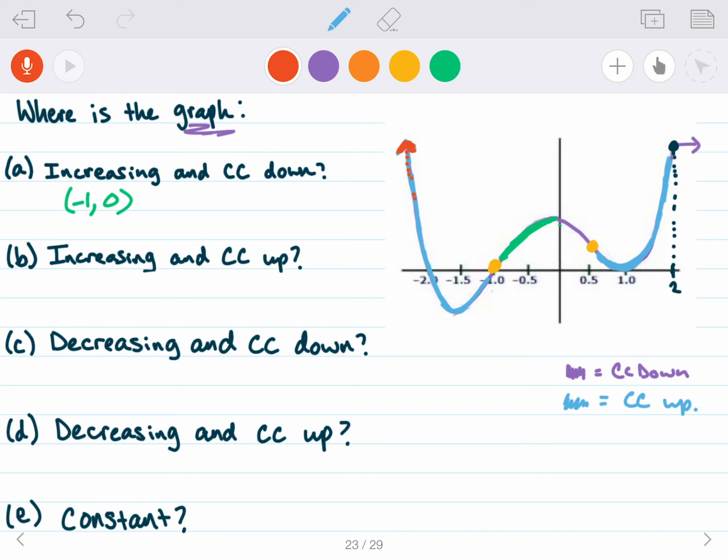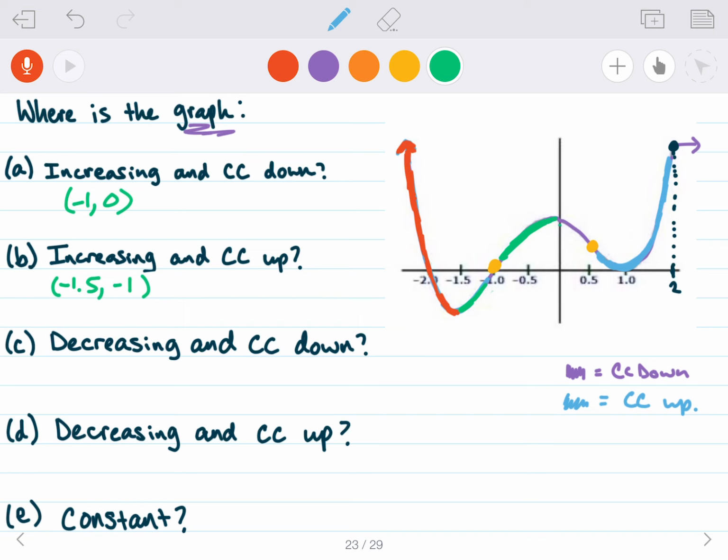So it's decreasing from -infinity all the way to about x equals -1.5. And then it starts increasing. So that portion, it's increasing from x equals -1.5 to about x equals -1, and it's also concave up.